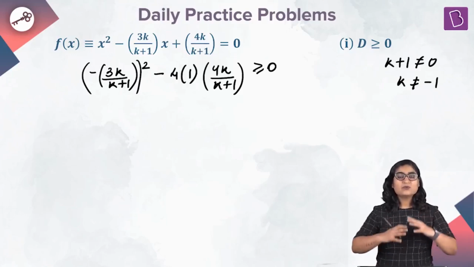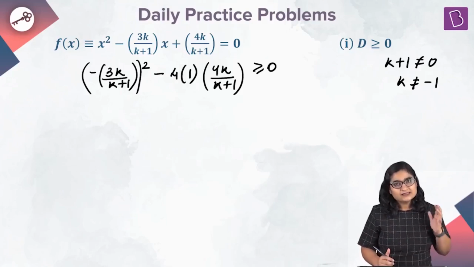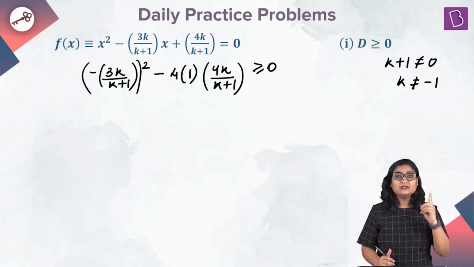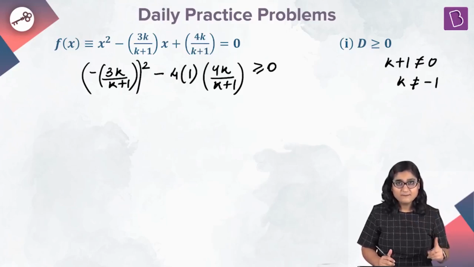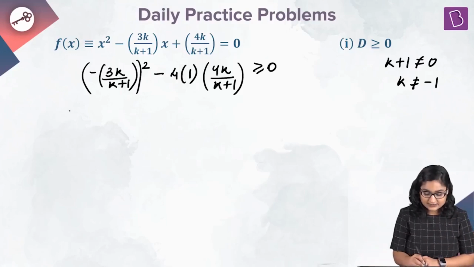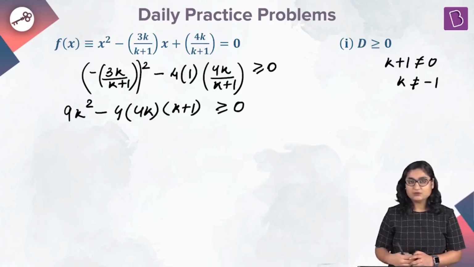And we know that square of any number will always be greater than 0. So we are multiplying this complete inequality with a positive number, and keeping in mind that whenever we multiply an inequality with a positive number, the inequality sign doesn't change. All right, so what we'll get is 9k square minus 4 multiplied by 4k multiplied by k plus 1, and this should be greater than equal to 0.